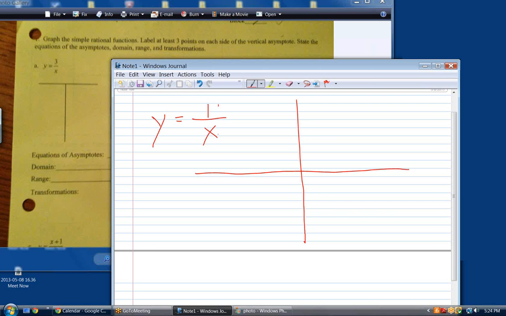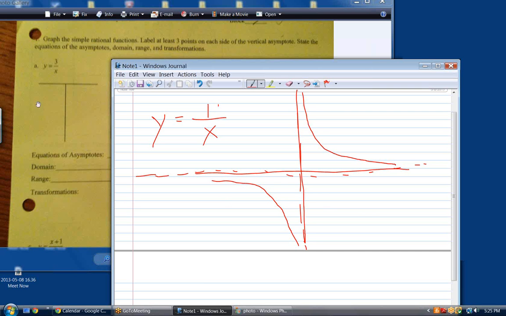In this case, it's x equals 0. So there's the vertical asymptote. The horizontal asymptote is always y equals 0 for a hyperbolic function. So those are our two asymptotes. The hyperbolic function approaches each asymptote from the first and the third quadrant. So this is the graph of y equals 1 over x.